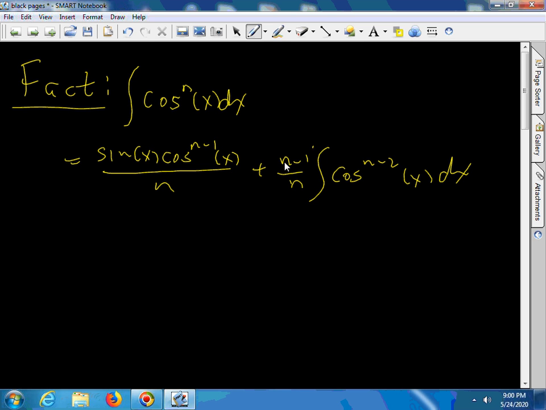So we have a similar integral compared to what we started with, except the power went down 2.